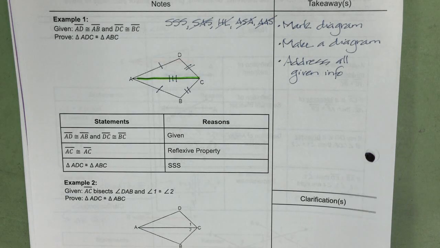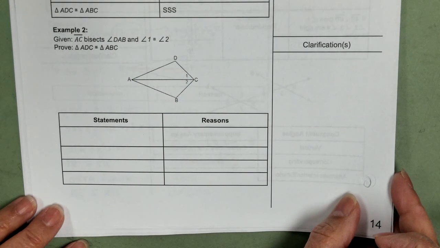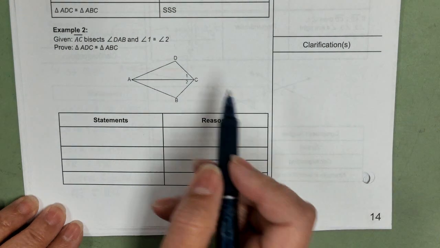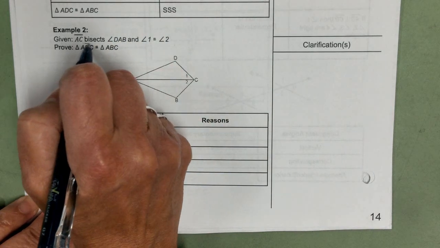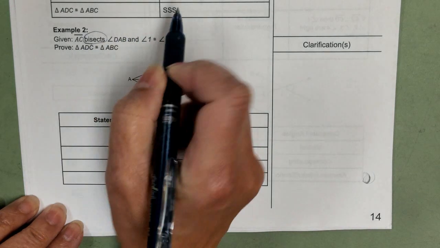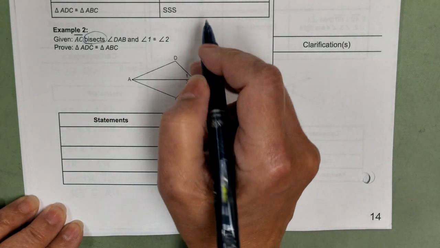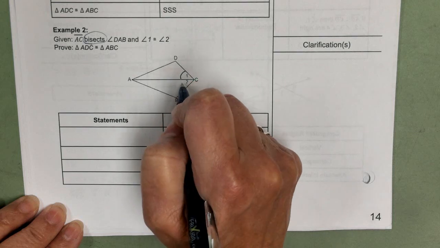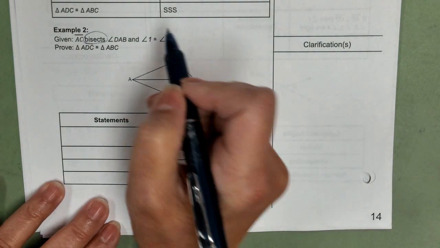Okay? So now we're going to apply those steps for example 2. So we start with what we're given. AC bisects angle DAB, and angle 1 is congruent to angle 2. So I'm going to mark my diagram.